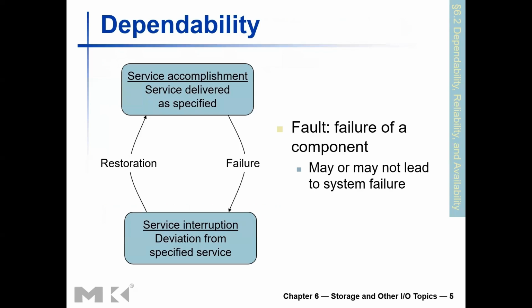Dependability in detail. We have two states of a device. One is service accomplishment, the other one is service interruption. Service accomplishment means service delivered as specified. Service interruption is deviation from specified service.